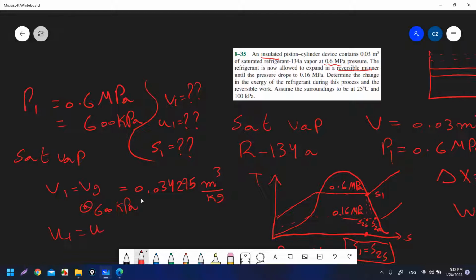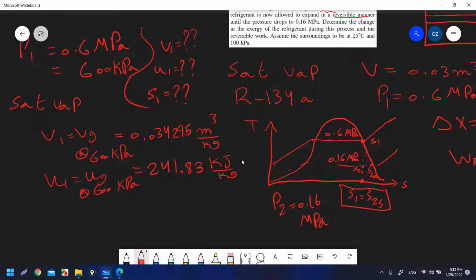U1 equals Ug at 600 kilopascal, equal to 241.883 kilojoule per kilogram, and S1 equals Sg at 600 kilopascal, equal to 0.92081 kilojoule per kilogram Kelvin.